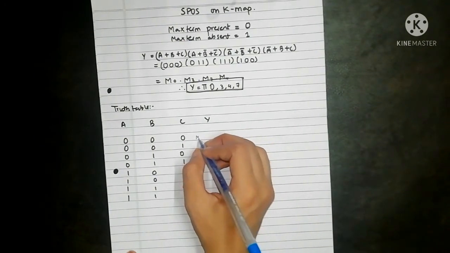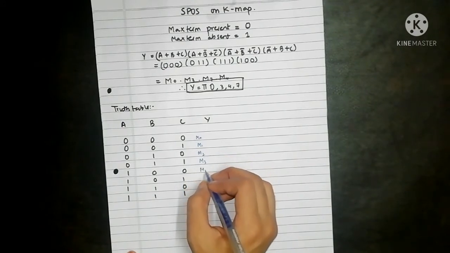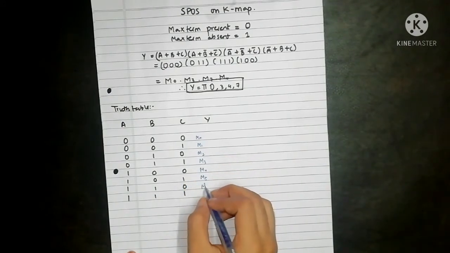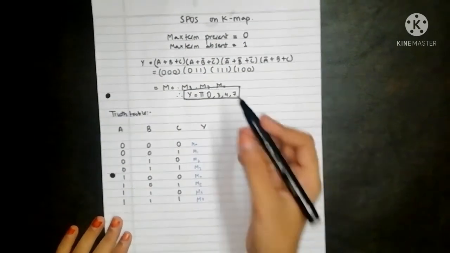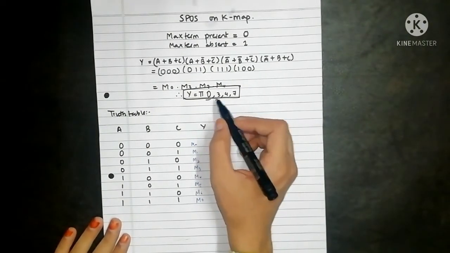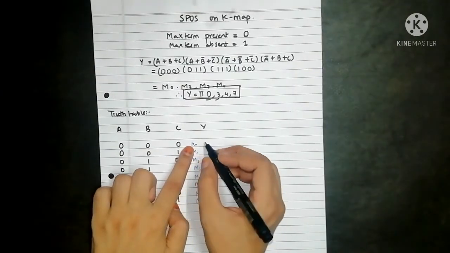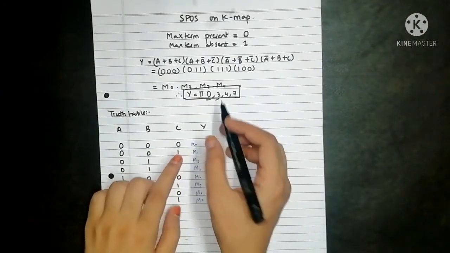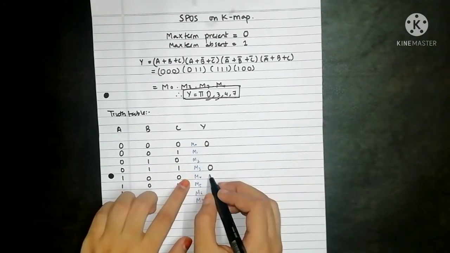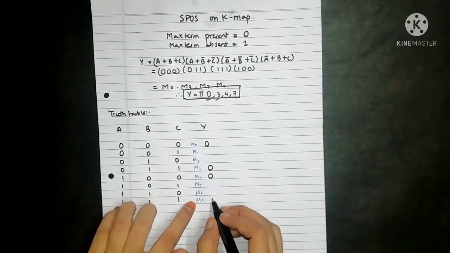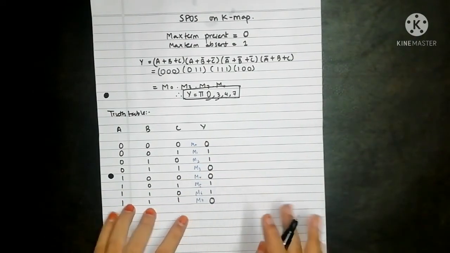Here is my M0, M1, M2, M3, M4, M5, M6, and M7. So the max terms are present on these values 0, 3, 4, and 7. So for M0 it's present, so we will write 0. On M3 it's present, so we will write 0. On M4, 0. On M7, 0. Rest all the terms will have value 1.